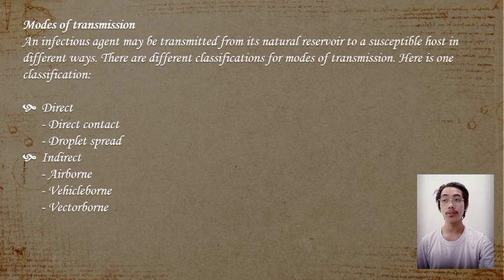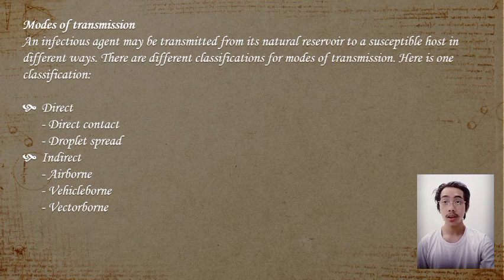Indirect transmission refers to the transfer of an infectious agent from a reservoir to a host by suspended air particles, inanimate objects, or animate intermediaries. Under direct transmission, we have direct contact and droplet spread. Direct contact occurs through skin-to-skin contact, kissing, and sexual intercourse.